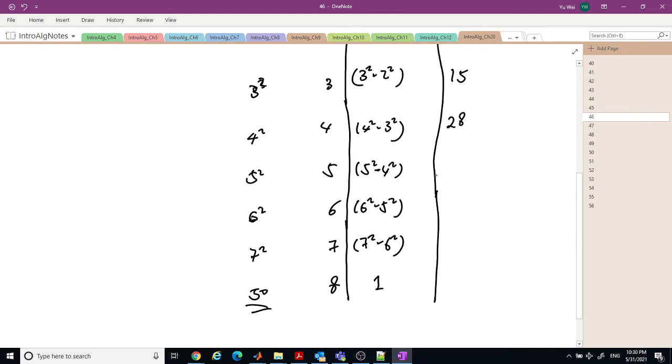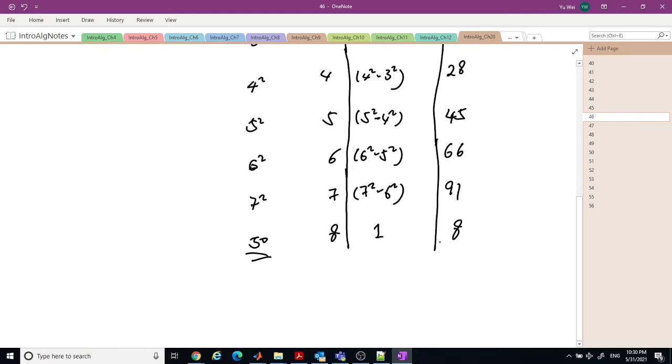Then 5 times 9 is 45, 6 times 11 is 66, and 7 times 13 is 91. 8 times 1 is 8. Then you need to sum all of them, right? Once you sum all of them, you get the final result. It is 260.